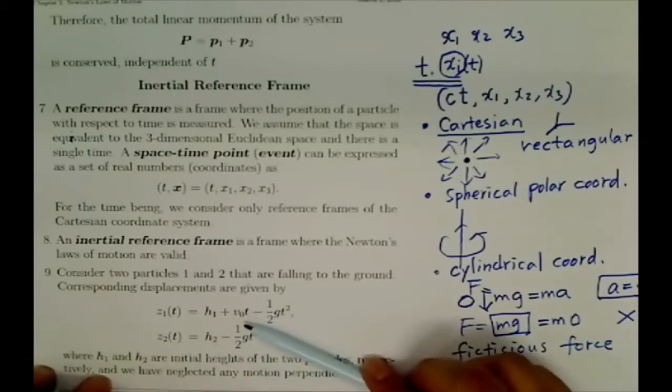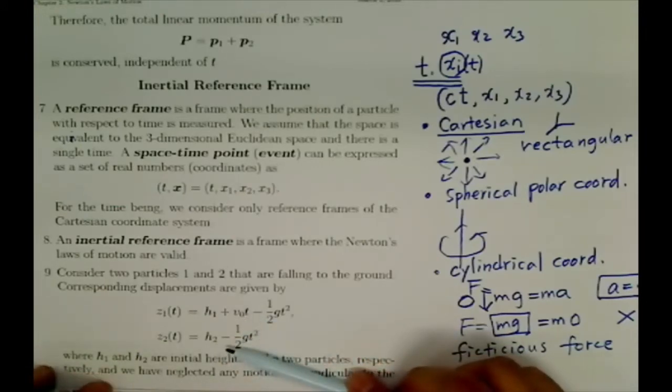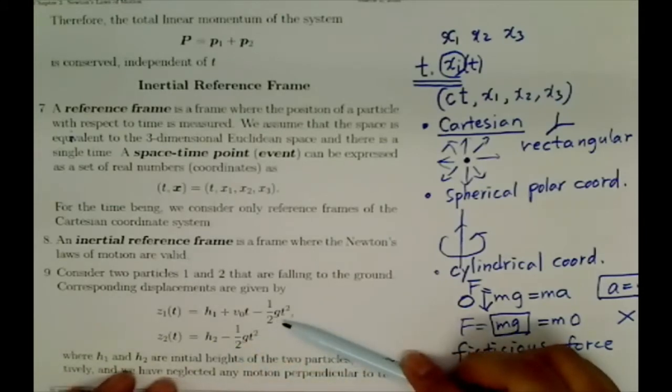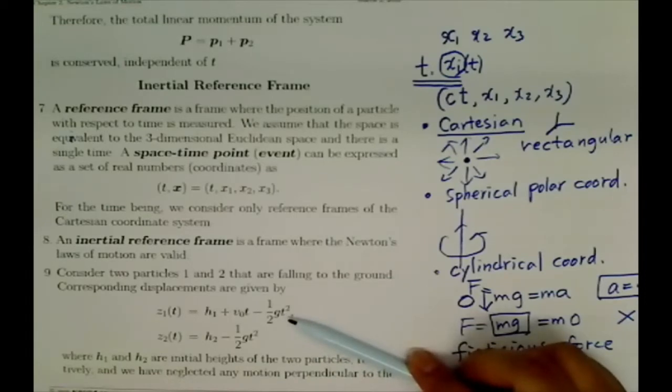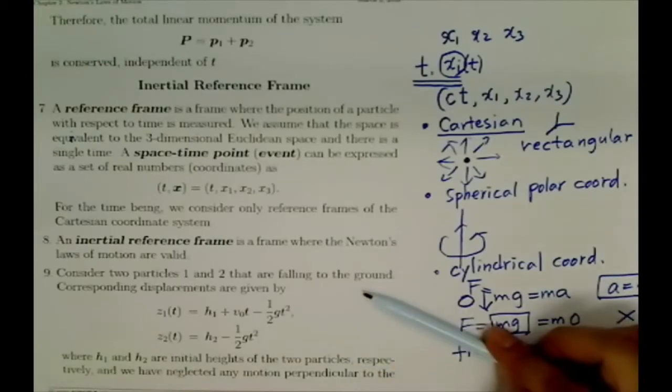Initial velocity is v0 for particle 1 and 0 for particle 2, and they are accelerating downward with minus g, where g is the gravitational acceleration near the surface of the Earth.